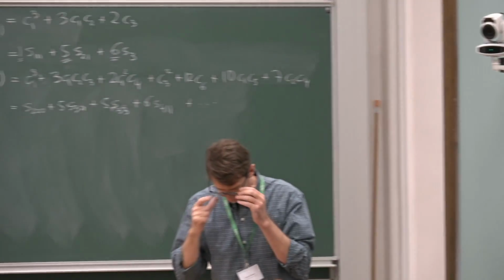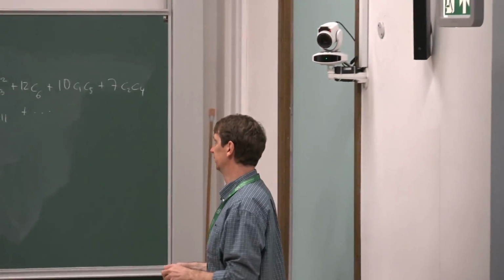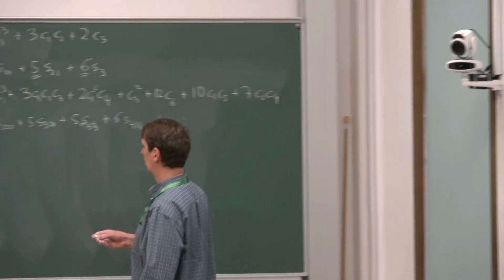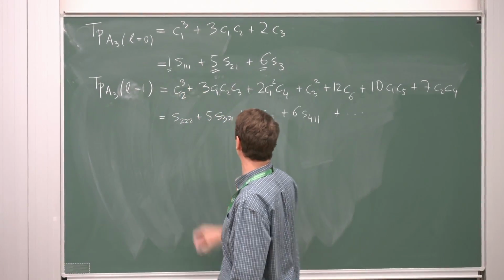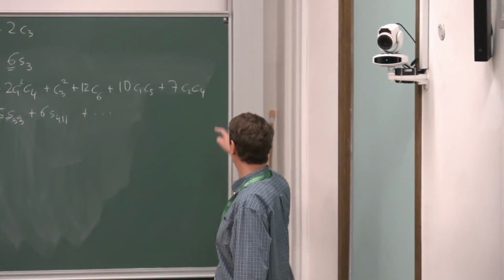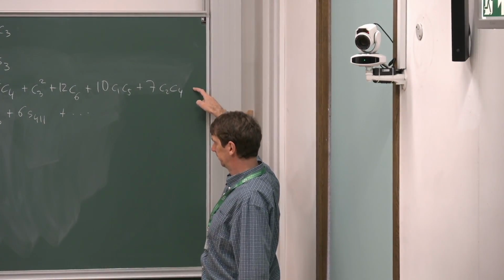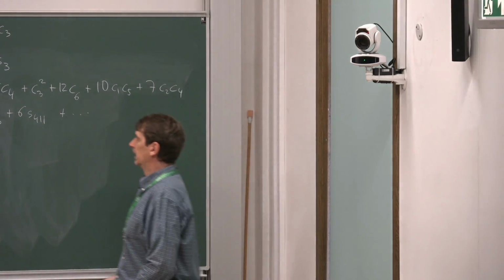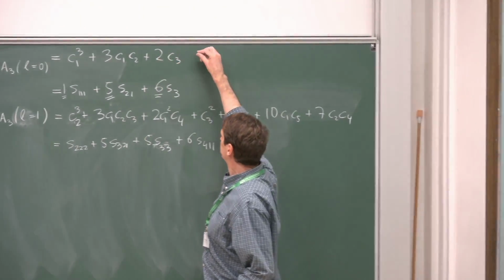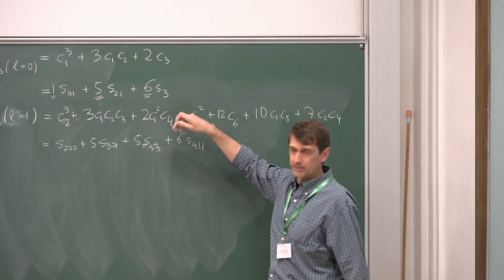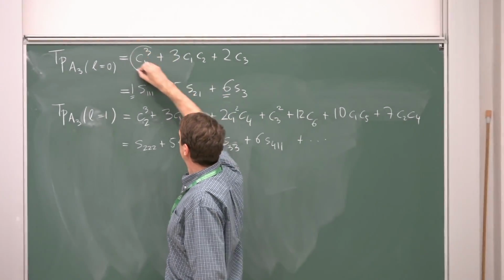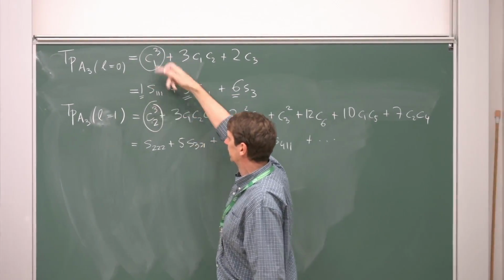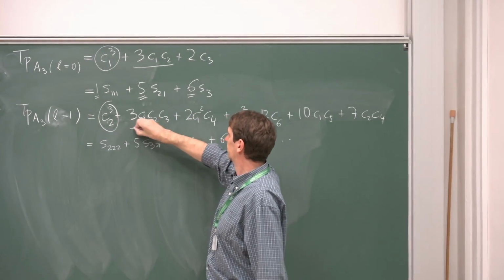But I want us together to discover the rule. This cannot be correct. Is it degree 6 now? Degree 6, yes. You see some similarity between the top line and the third line. In this similarity, these terms correspond, and these terms correspond.